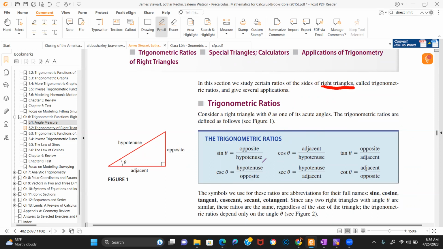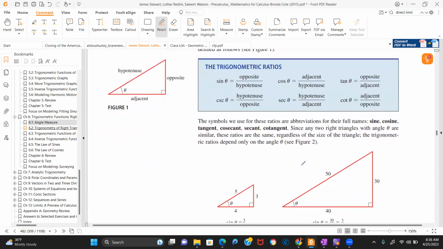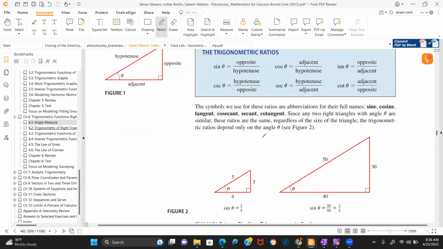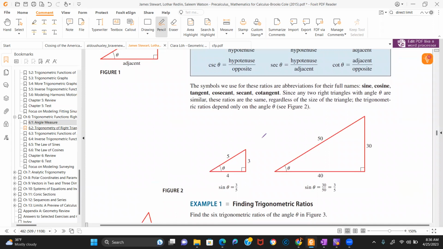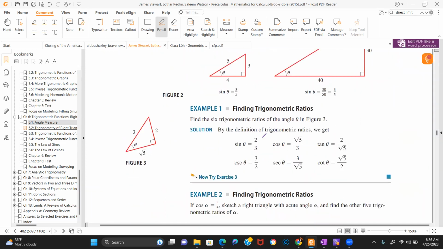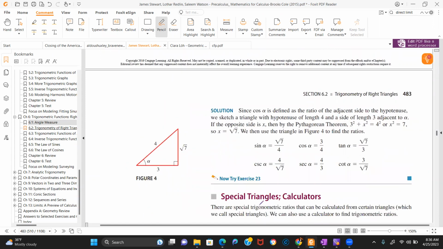So here are the definitions. Opposite divided by hypotenuse. They're pretty simple to compute. I mean, you have to have a lot of data to compute them, but they're not that hard to compute.